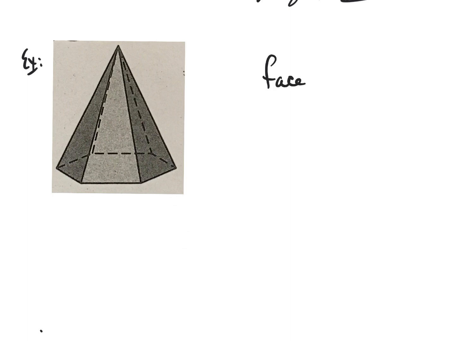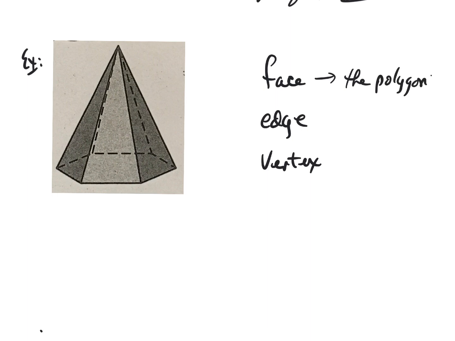We're going to be worried about a face, we're going to be worried about what are called edges, and we're going to be worried about vertices, or individually a vertex. Now, if you remember, the faces of a polyhedron are the individual polygons. So I'm just kind of abbreviating here. But each face is one of the polygons.